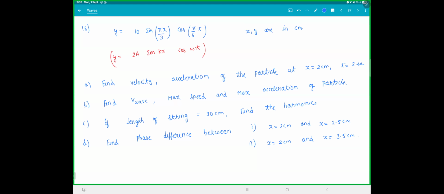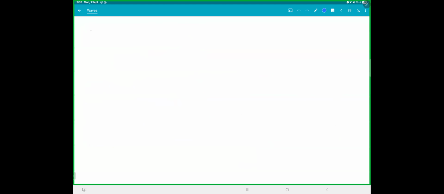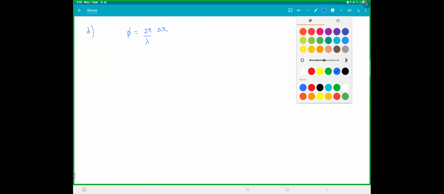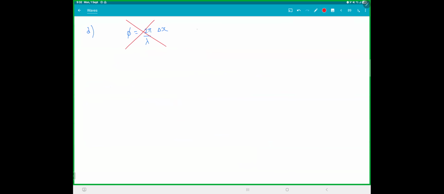Now here, be careful in the D part. Phi is equal to 2π/lambda into delta x. This is wrong. We derived this only for progressive waves. You cannot use this for stationary waves.